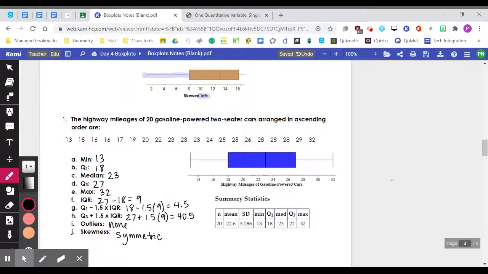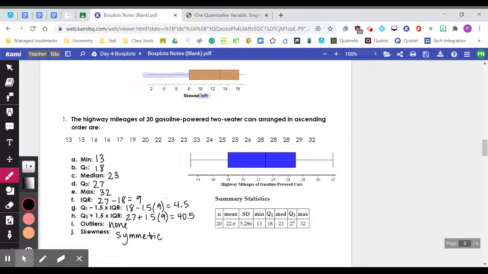All right, everybody, so hopefully you were able to calculate all of the numbers and figure out the outliers and the skewness. So using the 5-number summary, you were able to get all the way from the min to the max. IQR should have been 27 minus 18, which gives you 9.